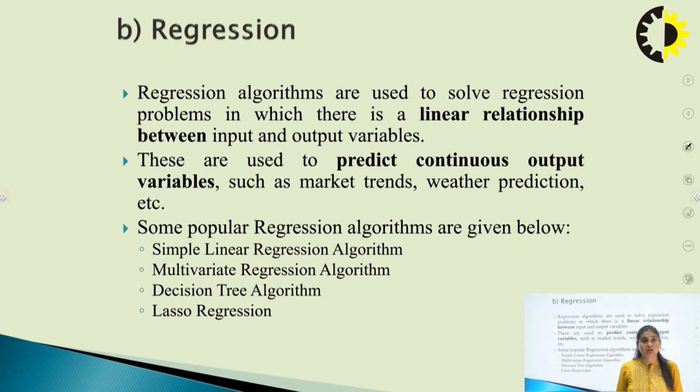In the third unit, we'll study what is decision tree algorithm, and in the first unit itself we'll study a little bit about decision tree, but the third unit is all about decision tree and the algorithms which are used to solve such kinds of problems. For example, ID3 is there, CART is there. So I'll discuss ID3 and the numericals on ID3 algorithm. Next we have the lasso regression.